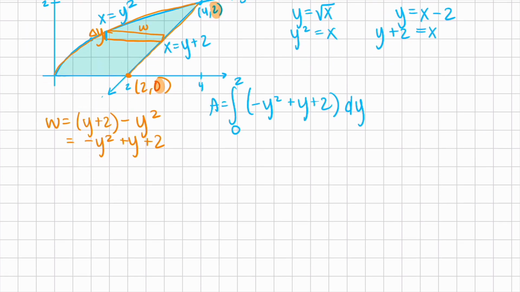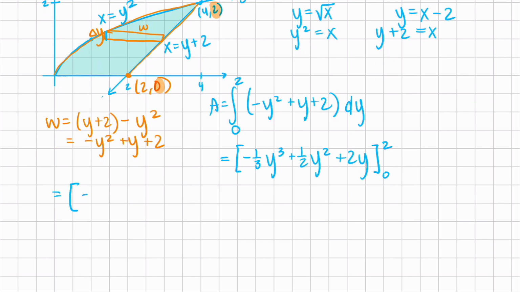Let's go through and solve this integral. So I'm going to get negative 1/3 y cubed plus 1/2 y squared plus 2y, and that's from 0 to 2.